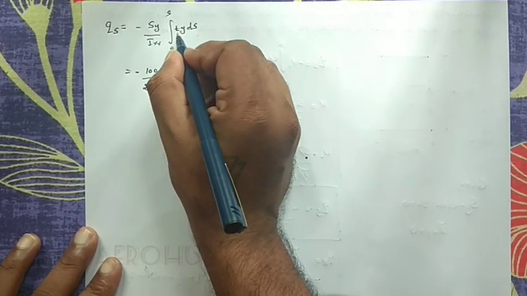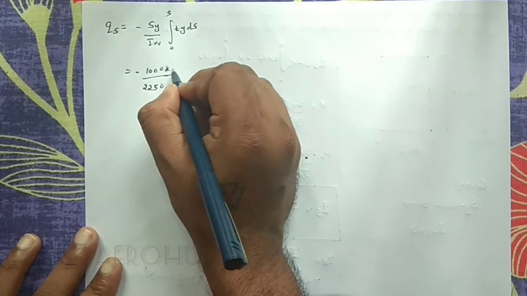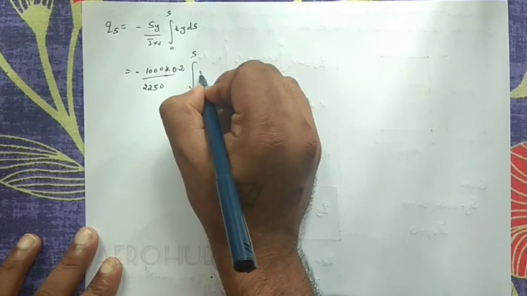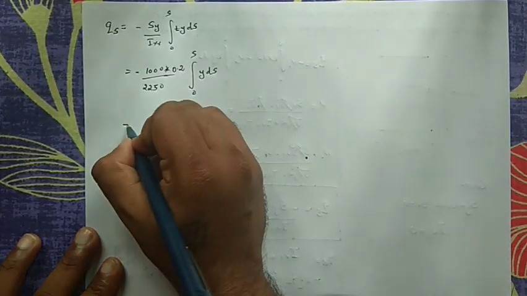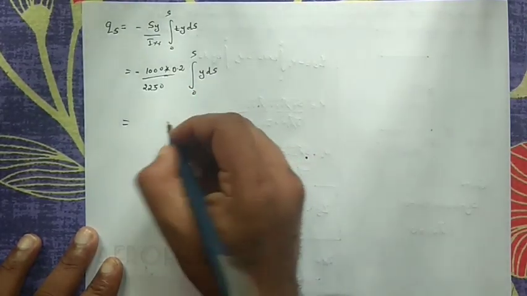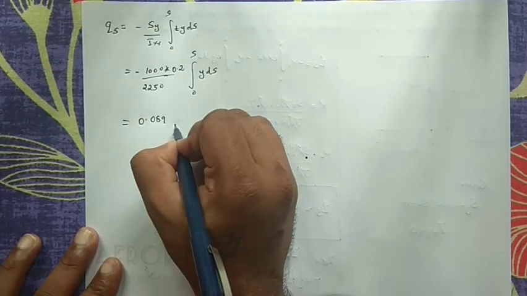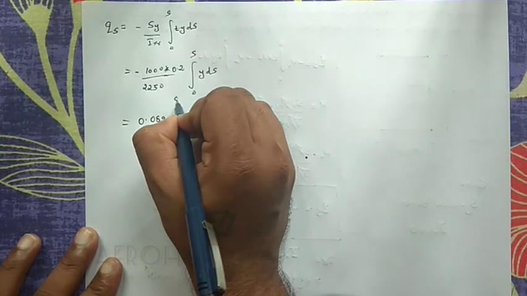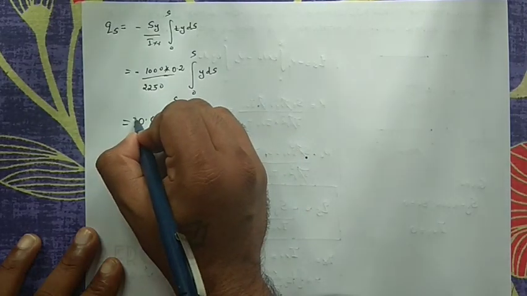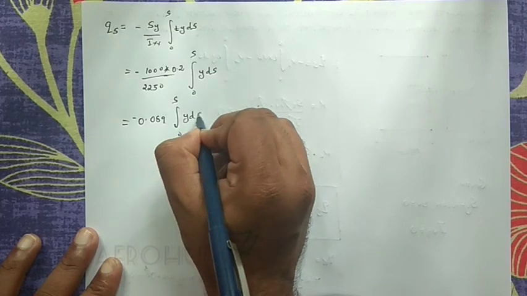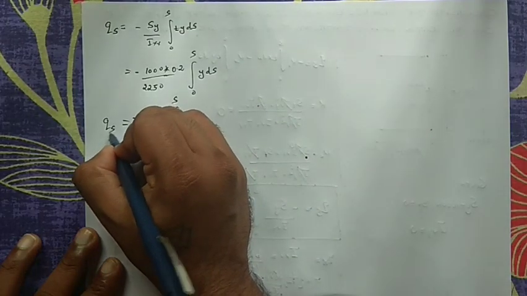I will be taking thickness outside because thickness is constant, so it will be 0.2 integral 0 to S y ds. So after solving, I will be getting minus 0.089 integral y ds. This is the value of Qs.